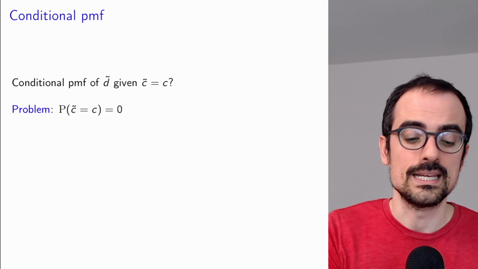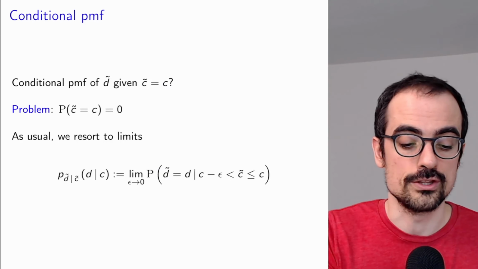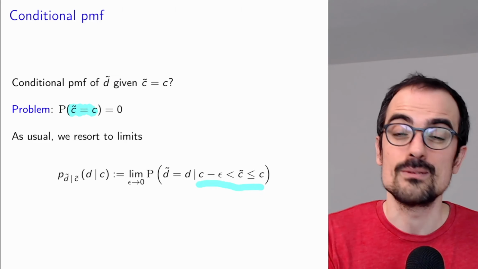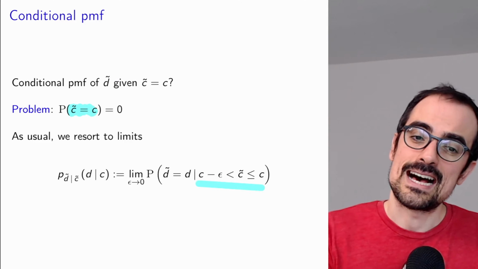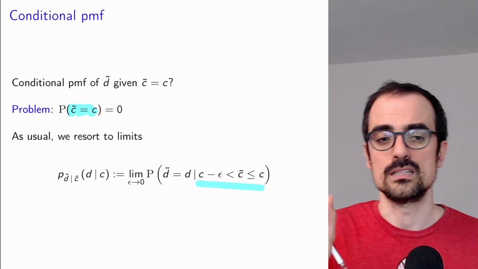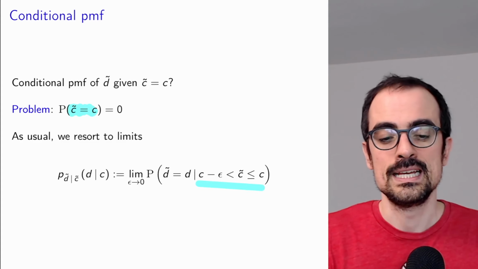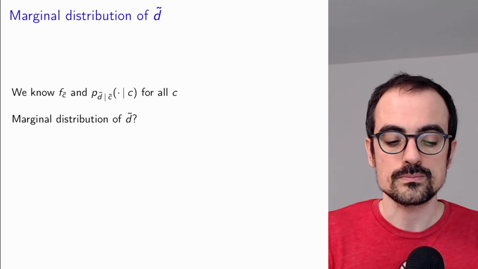Well, as usual, we take limits. We say, okay, we cannot condition on this event, but we can condition on the event that the continuous random variable is in a small interval, and then we can take the limit when that interval goes to 0, and that's how we define the conditional PMF of the discrete random variable given the continuous random variable.